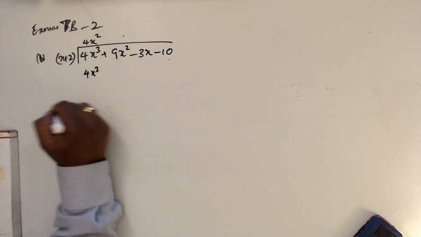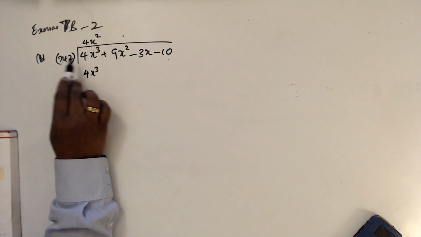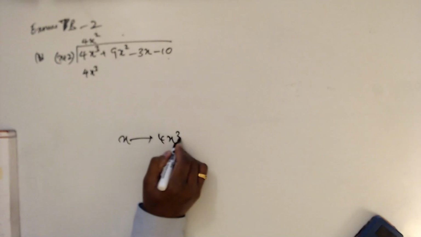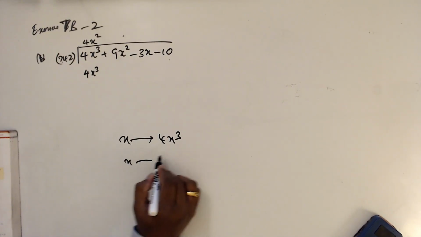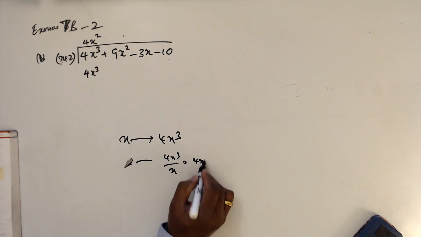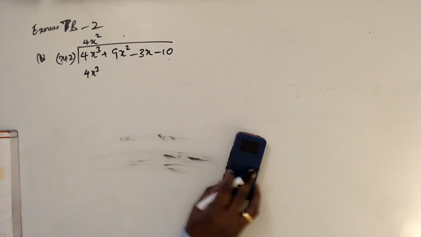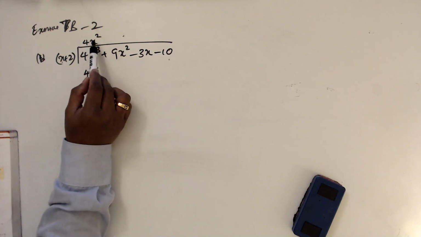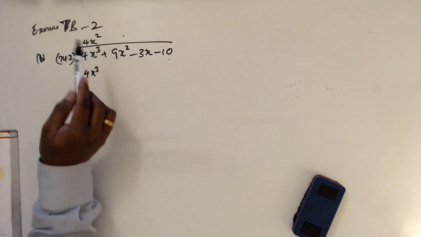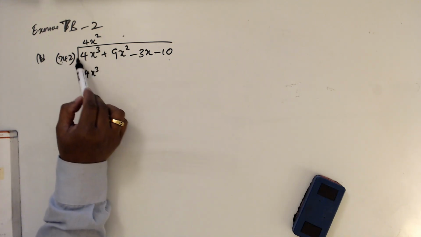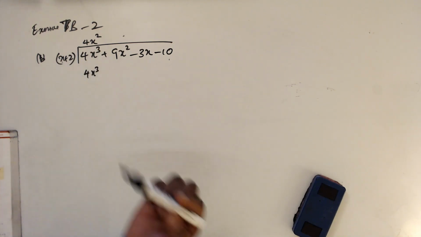In another way, how many x go into 4x cubed? Then you can divide 4x cubed by x. This is 4x square. This is another method to look at it. Or you have to choose a number here. When you multiply by this one, you have to get this one. Right? Okay.